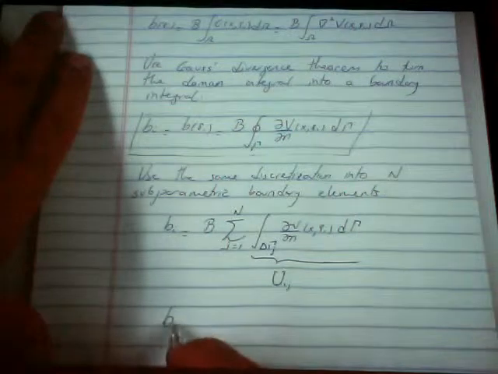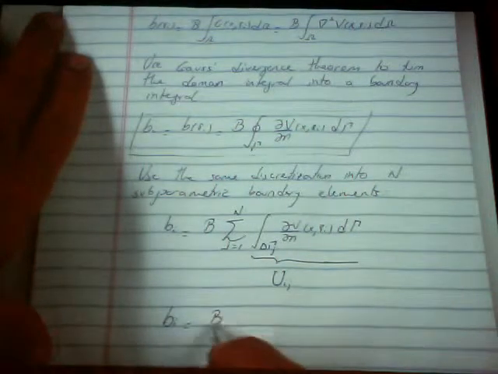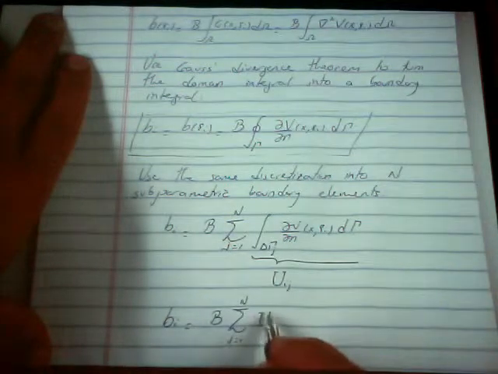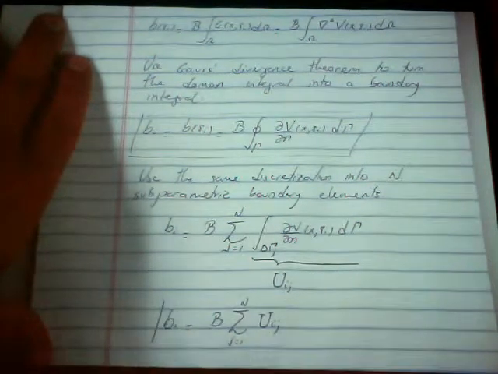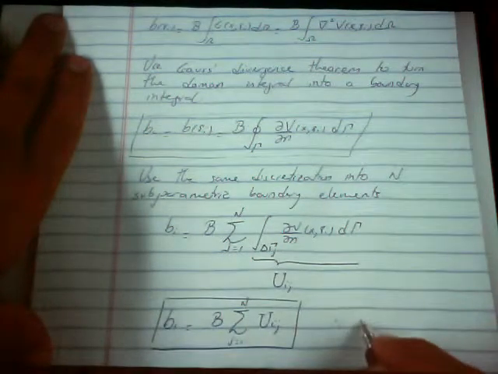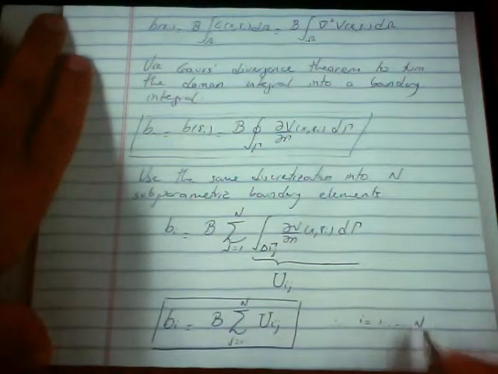So bi is equal to b times the summation from j equal 1 to n of uij, such that I goes from 1 to n.